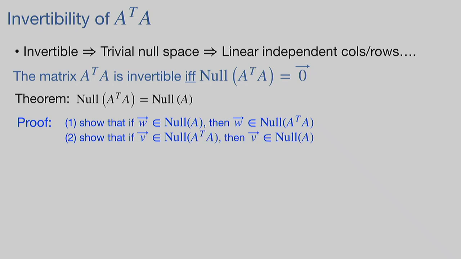So we also need to show that if we have a V in the null space of A transpose A, then V is also in the null space of A. If we show both directions, that means the entire null spaces of A and A transpose A are the same. The first one is actually quite easy.